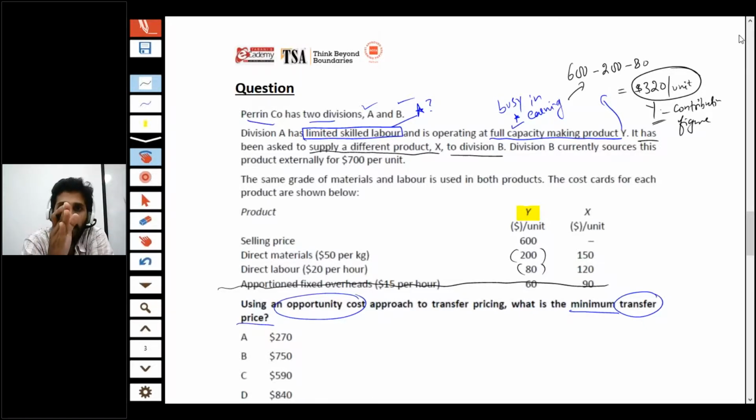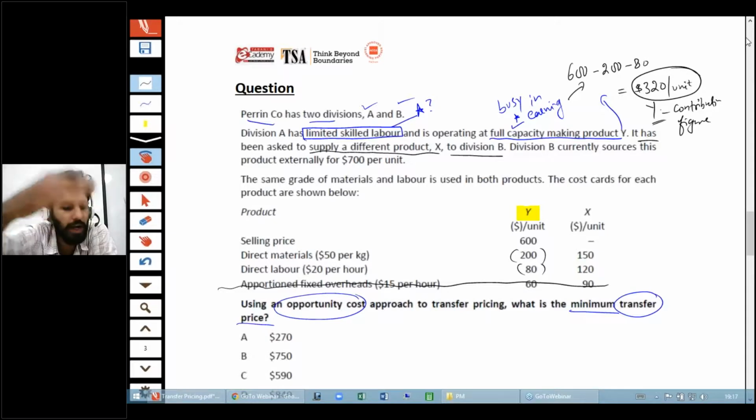You are earning $320 from product Y, and I am asking you to leave product Y, leave your current earning, and manufacture product X for me. So that means the cost of X would be charged, and the opportunity cost of Y. Cost of X and opportunity cost of Y.